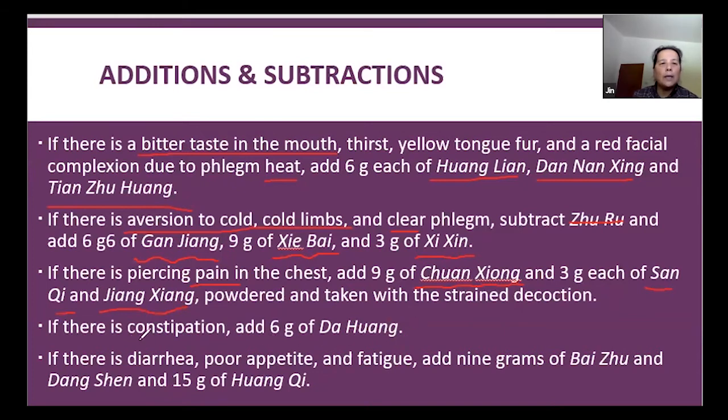And if the patient has constipation, we add 大黄, which purges fire. These kind of constipations are usually pretty dry stool, so there is some heat inside. For this kind of constipation we add 大黄.